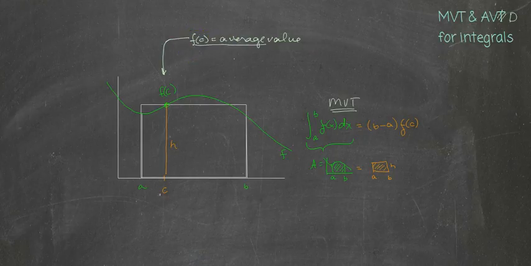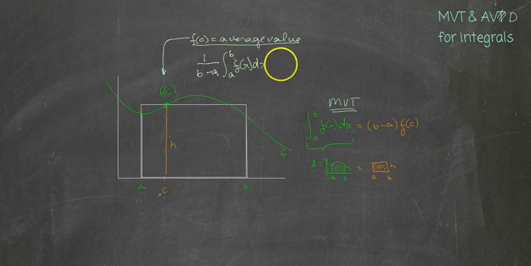And the definition of the average value has a formula to find it, 1 over b minus a times the antiderivative, or the definite integral on the interval of f of x dx. All of this equals the f of c.